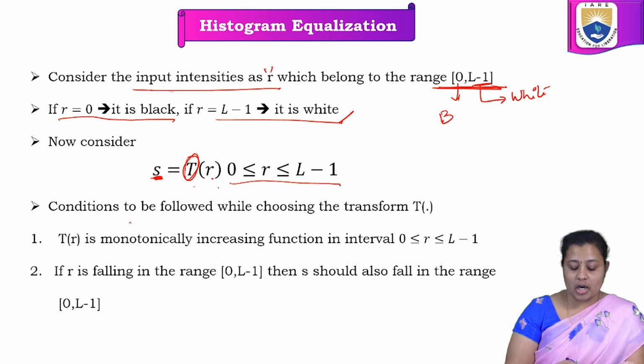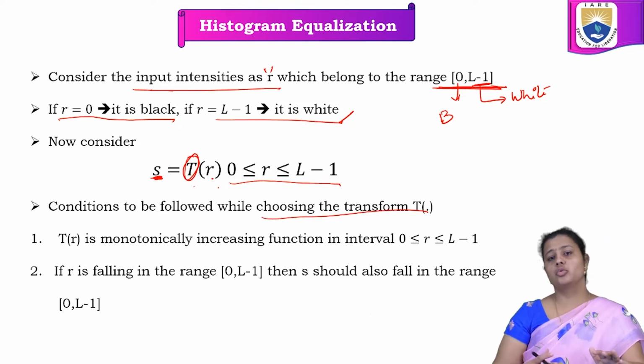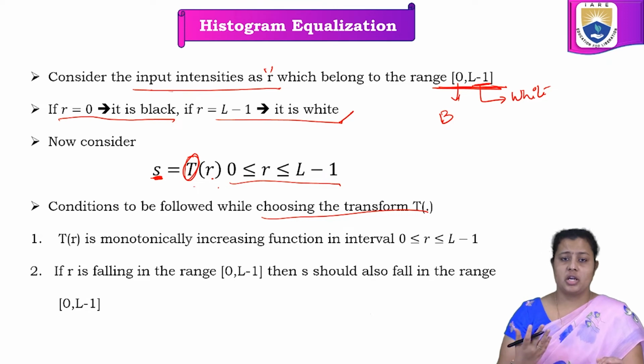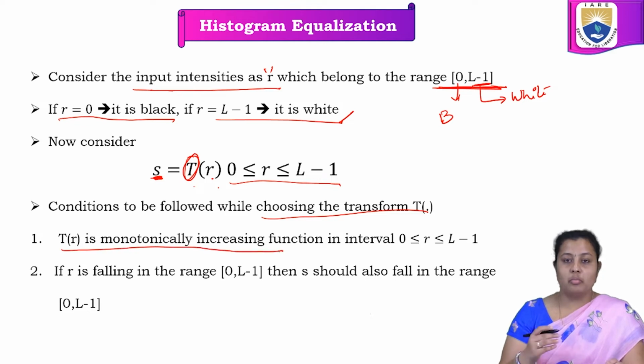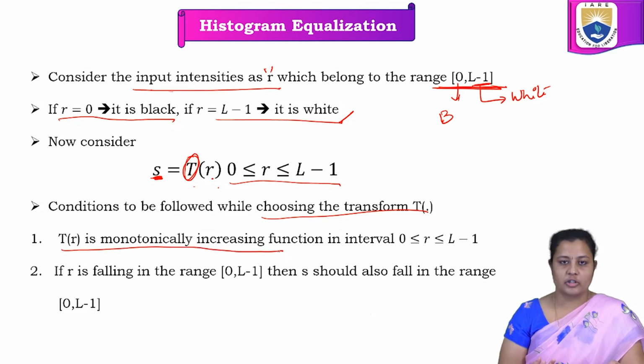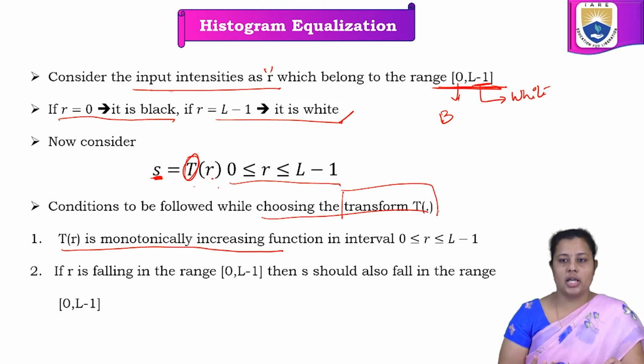Here, what are the conditions to be followed while choosing the transform function? We cannot choose all transform functions; there are some conditions to be followed. It should be a monotonically increasing function in the interval 0 to L minus 1, right?